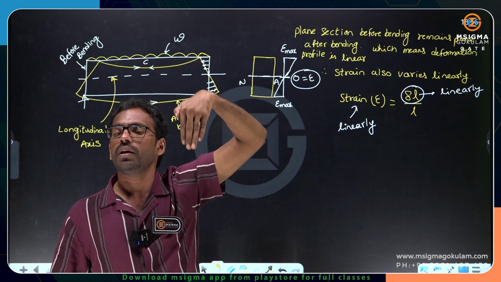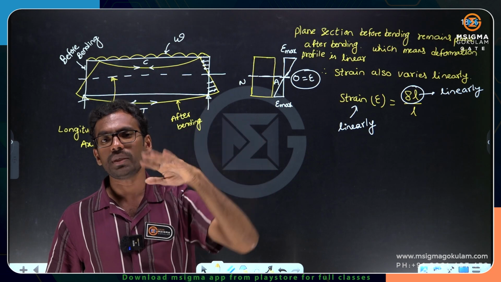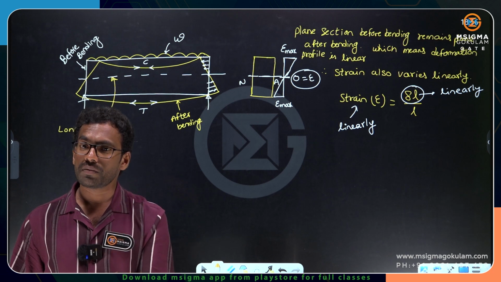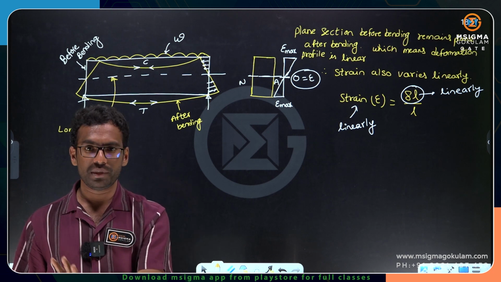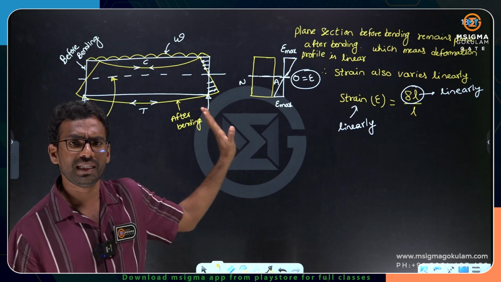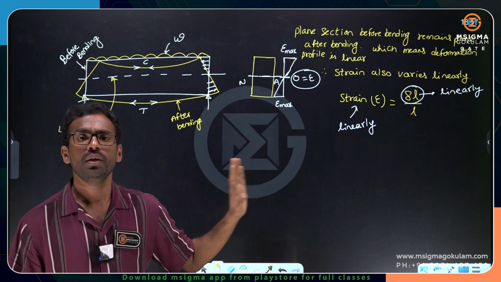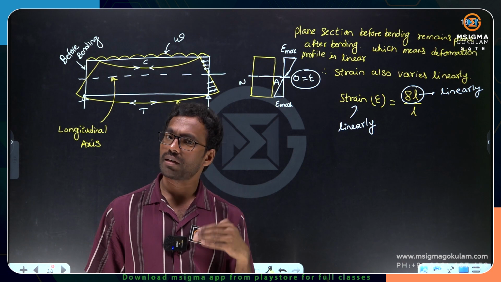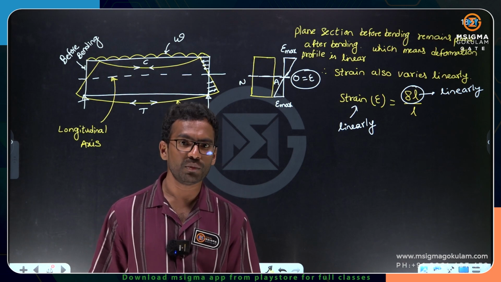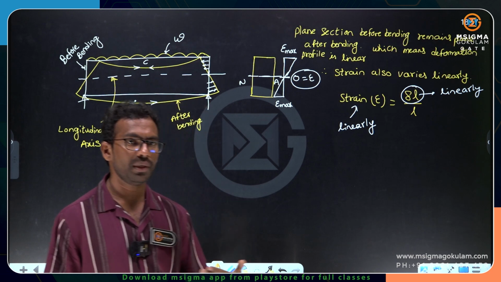Beams are always subjected to transverse load. Please remember this. Beams are transversely loaded structural members. That transverse load causes bending moment and shear force. If somebody asks you what a beam is, a beam is a structural member subjected to transverse loading which causes bending moment as well as shear force. That is how you have to define it.